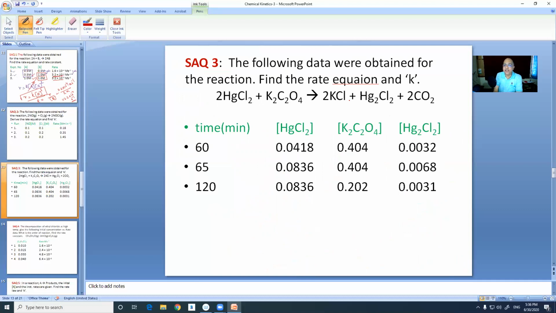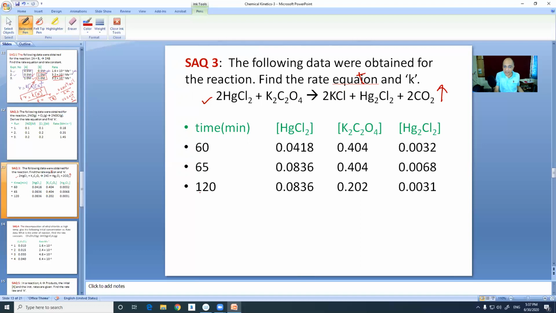See, the following data were obtained for this reaction: mercury chloride with potassium oxalate gives you KCl, mercurous chloride, white precipitate, and carbon dioxide. Find the rate equation, and also the K value. Find the rate law or rate equation and the K value.